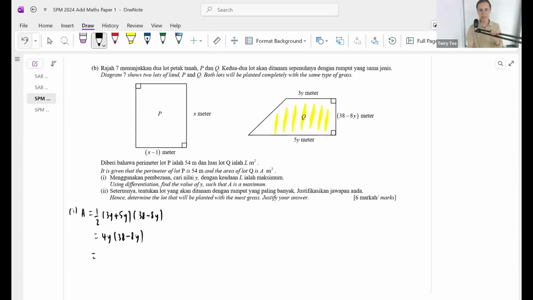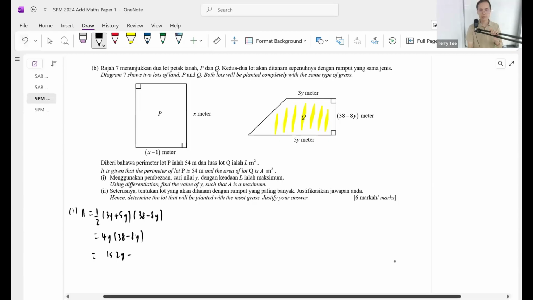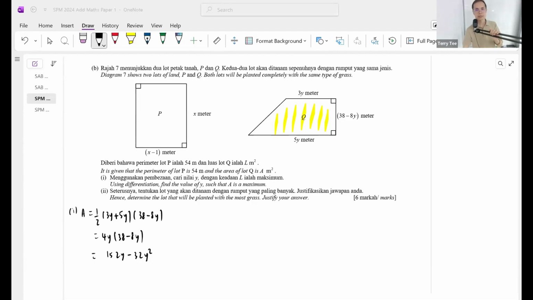You multiply inside, you can use your calculator: 38 times 4 is 152y, and 4 times 8 is 32y squared.